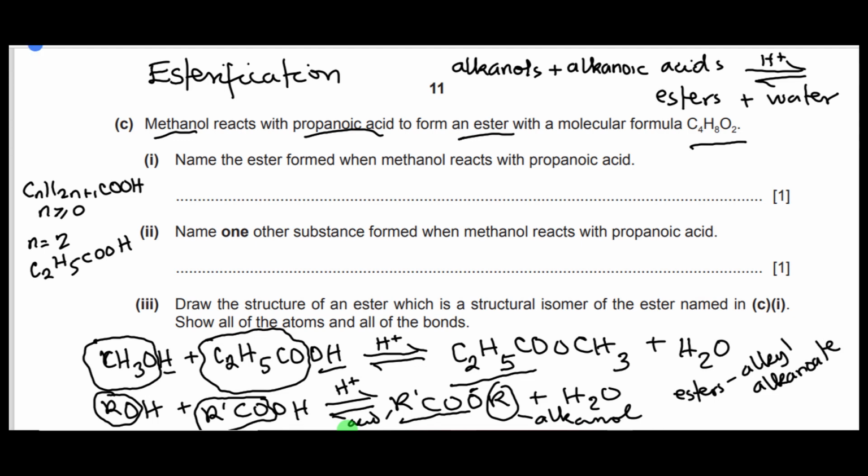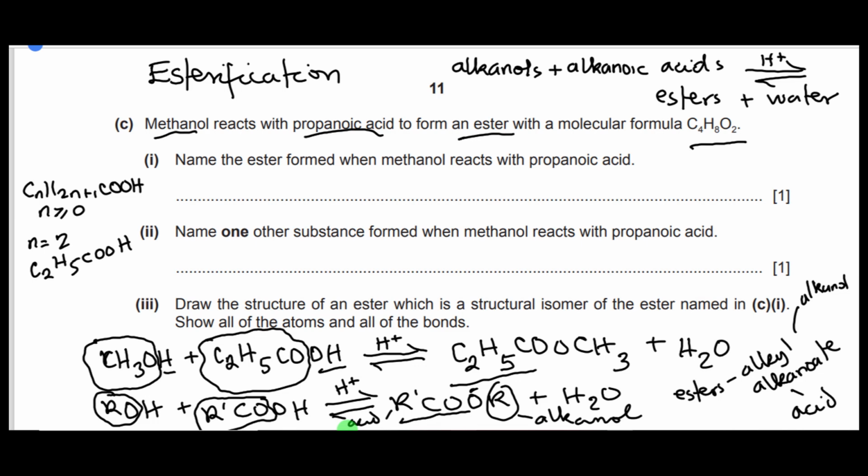This alkyl is from the alkanol, while this alkanoate is from the alkanoic or carboxylic acid, right? So, like methanol and propanoic acid, the methanol will form the last part of the ester in terms of the formula, right? While the propanoic acid will form the initial part of the ester in terms of the formula.